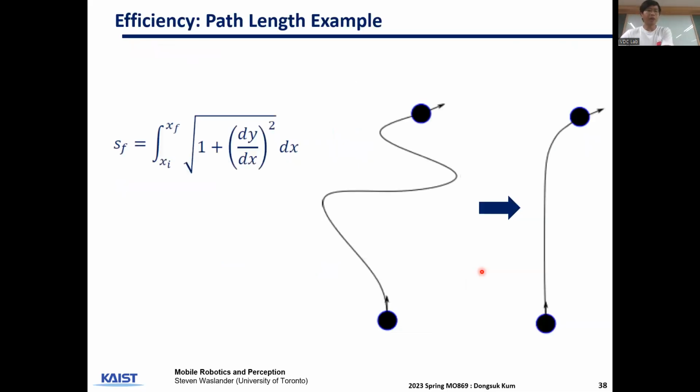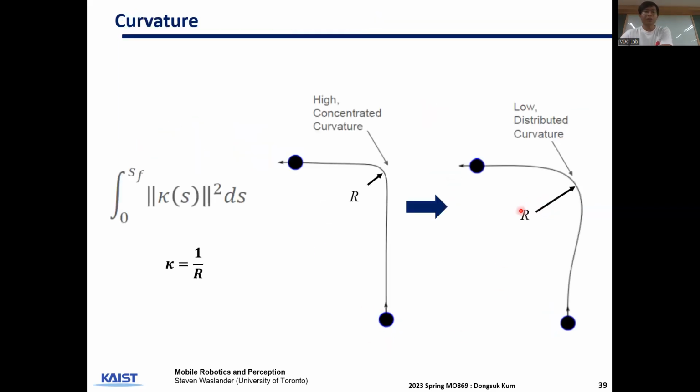So here's an example of a path length objective. If we don't have this objective, for example, the path doesn't have any constraint to be as short as possible. And this is once we apply the objectives. And this is a curvature objective.